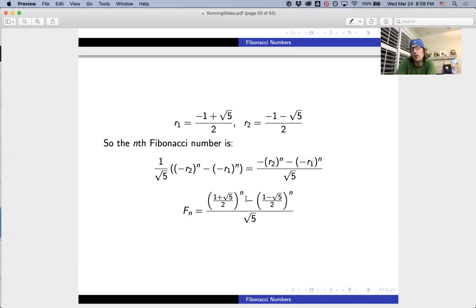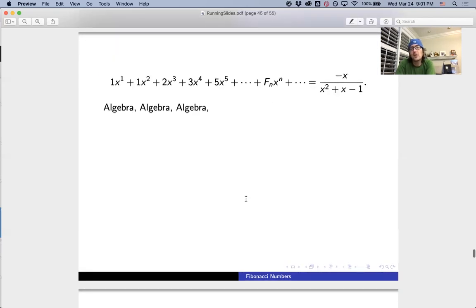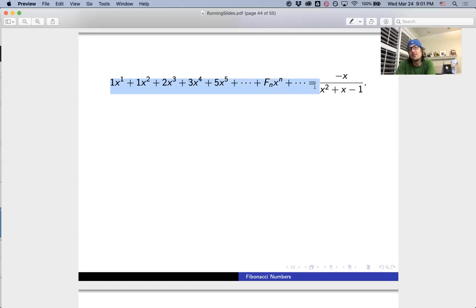If you go back and look at what we did, you may think this is kind of technical, but really, what did we do? We had this cool idea to think about it in terms of a power series. Maybe this gives you a new appreciation for power series, maybe not. Then we used a little bit of algebra. We had to factor the denominator. We used a quadratic formula.